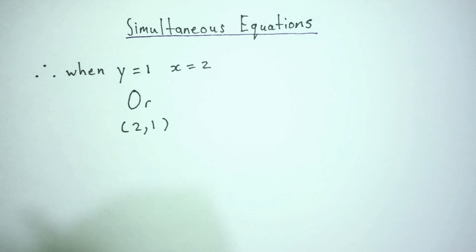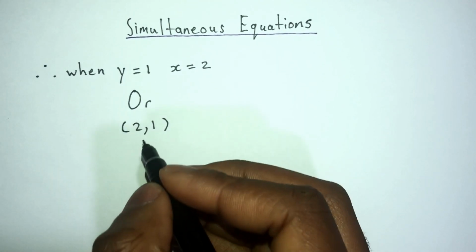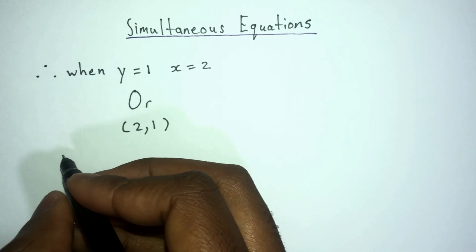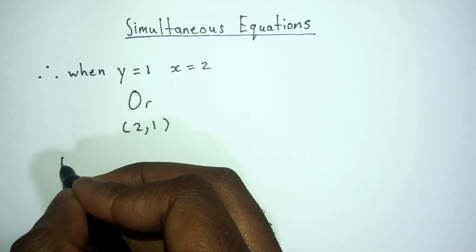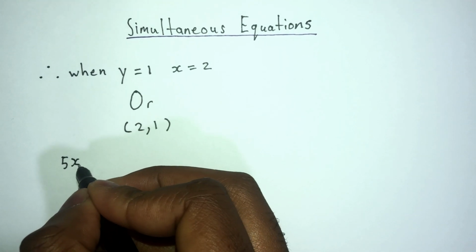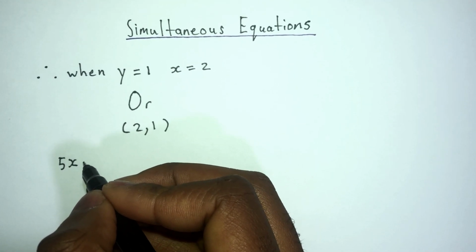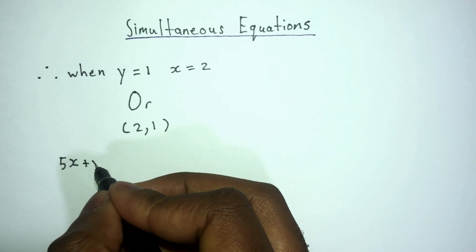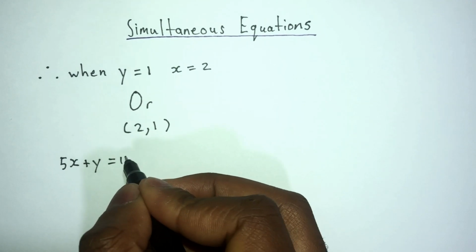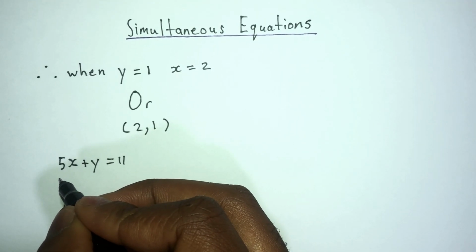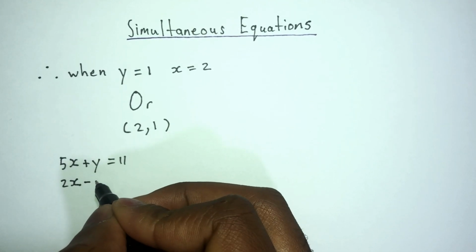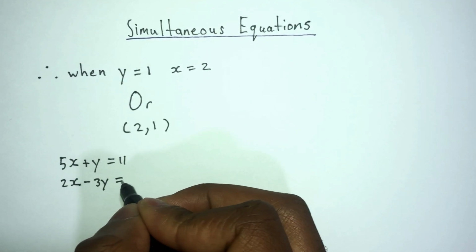Now, let's check our answers. We're going to input these two values into our equations. So equation 1 was 5x plus y equals 11, and equation 2, 2x minus 3y equals 1.